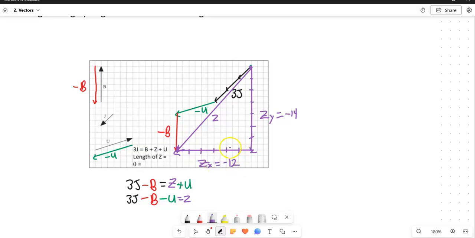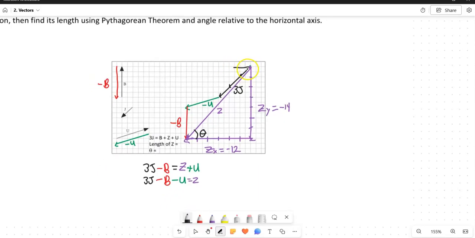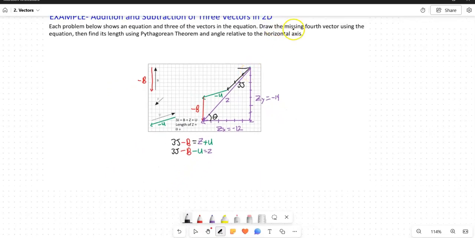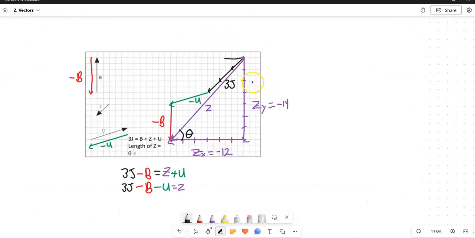Okay. For the angle theta that they want, you could use this as your theta because it has to make an angle to the horizontal x-axis as asked in the problem. So that could be theta or this could be theta. They will be the same angle.